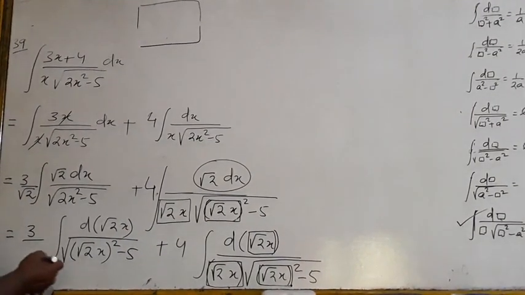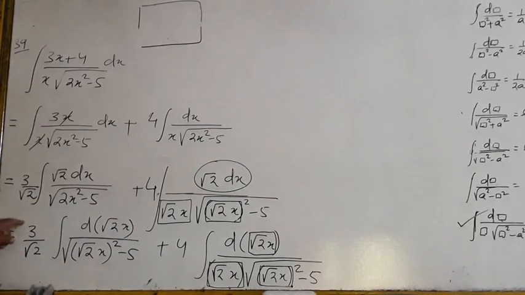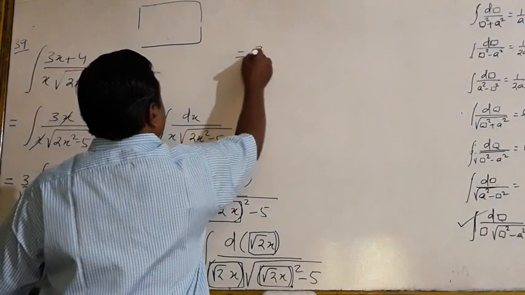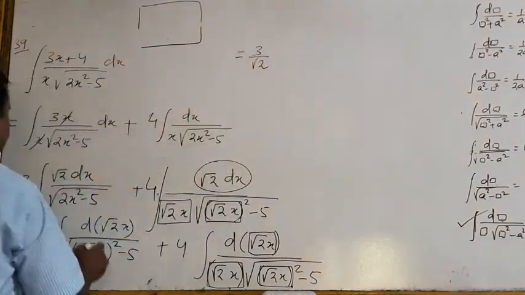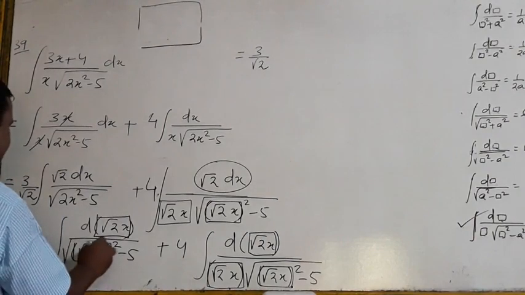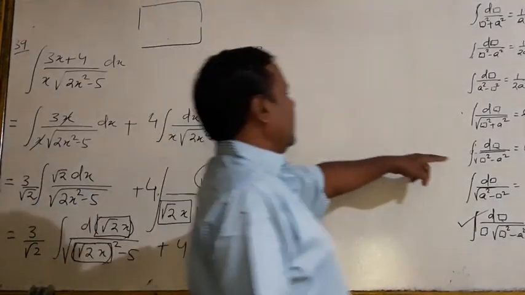And in this, 3 by root 2 here. So for this part I am writing which formula? 3 root 2, it is d box by box square minus a square root over.